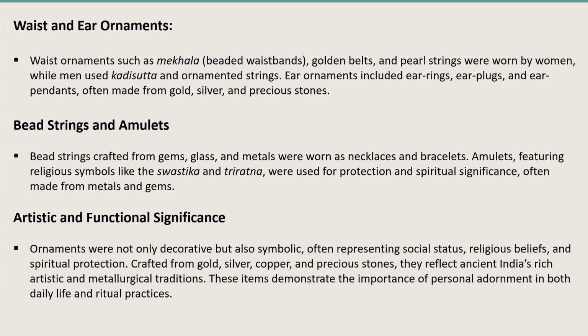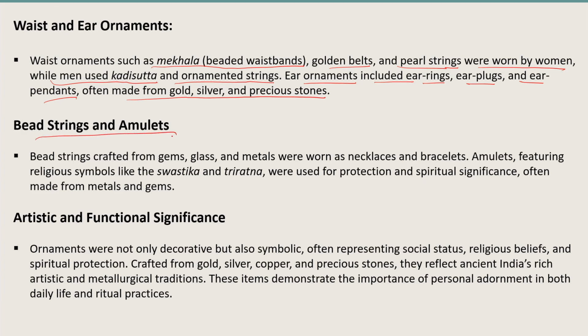Waist and ear ornaments. Waist ornaments such as mekhala, beaded waistband, golden belt and pure pearl string were worn by women, while men used kadi sutra and ornamented string. Ear ornaments include earrings, ear plugs and ear pendants, often made from gold, silver and precious stones.